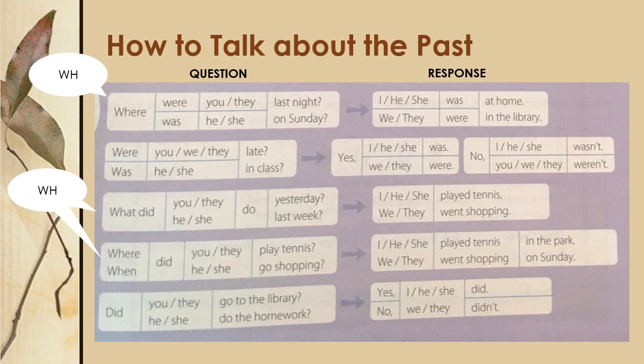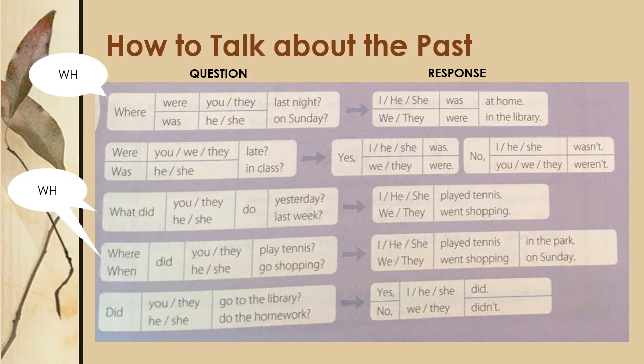So this one, where, is asking for a location. So obviously, what you need to answer is to tell a place or a location like at home or in the library. Just remember the tenses and when you're gonna use was and were.